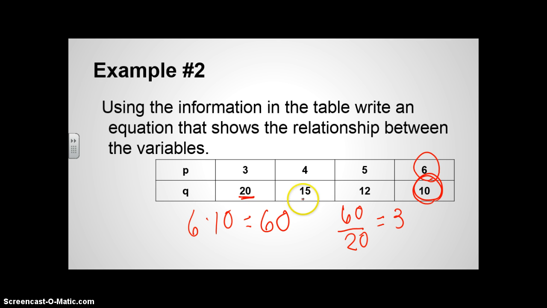I do. If I take 60 divided by 15, do I get 4? 60 divided by 12, I get 5. So notice that what is my constant going to be? That's going to be 60. So the relationship between the variables is going to be 60 right there. That is my k, my constant.